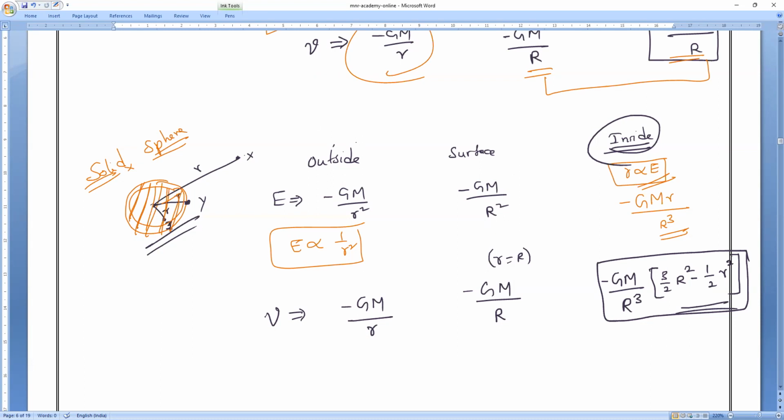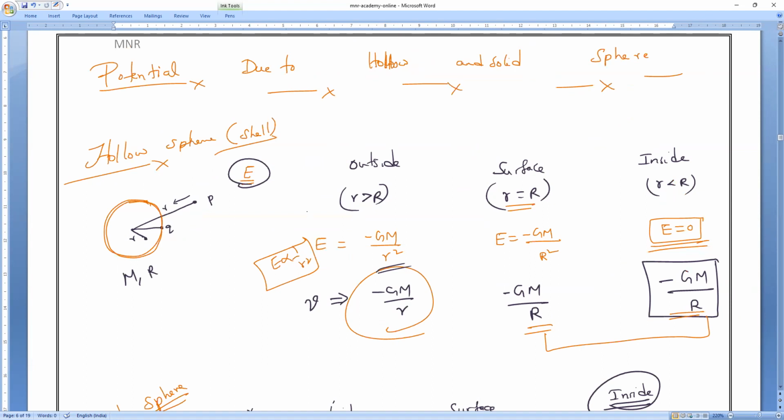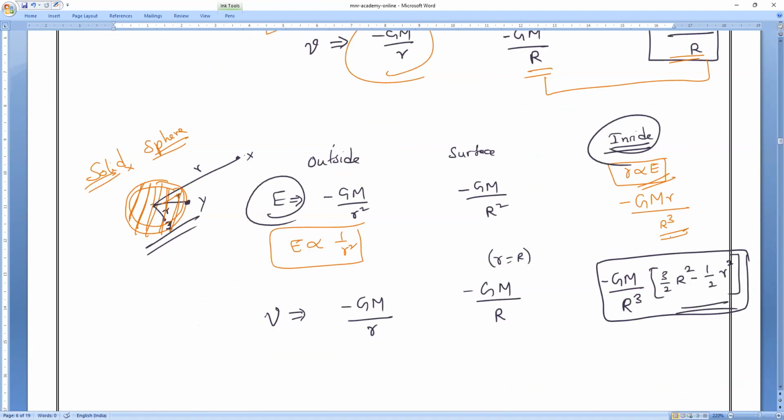So this is the gravitational field and gravitational potential, and the formulas. Remember, the gravitational field of a hollow sphere inside is 0, but the gravitational field of a solid sphere is minus G into M into small r divided by R cube.